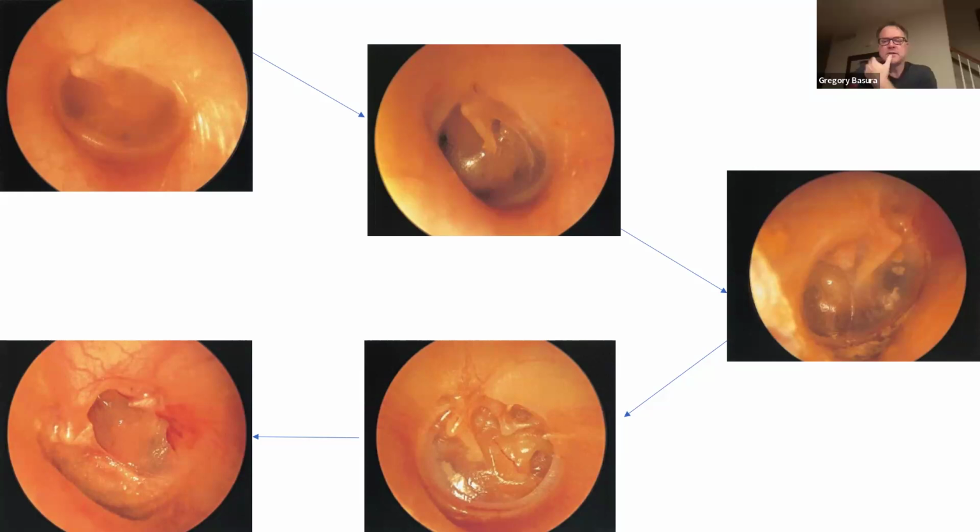Yeah, I mean, the thought is that if you have a marginal perforation, let's say, for example, that bottom left, right, it extends out to the annulus, right? Well, the annulus is in contact with what? What's right there on the outer aspect of the annulus? The bone. Yeah, but that's the bone of what?